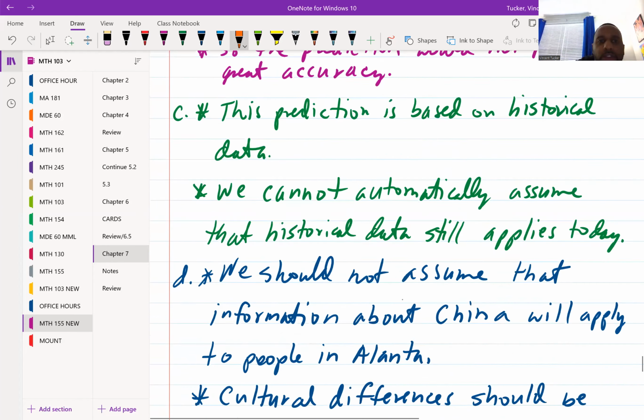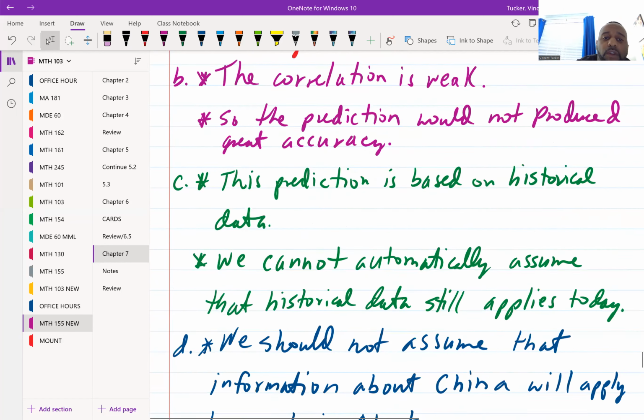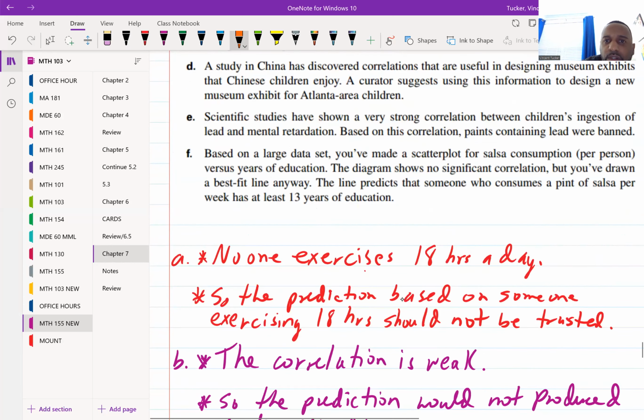All right, last one like this. Based on a large data set, you've made a scatter plot for salsa consumption versus years of education. The diagram shows no significant correlation, but you've drawn a best fit line anyway. The line predicts that someone who consumes a pint of salsa per week has at least 13 years of education. So here is no correlation, right?